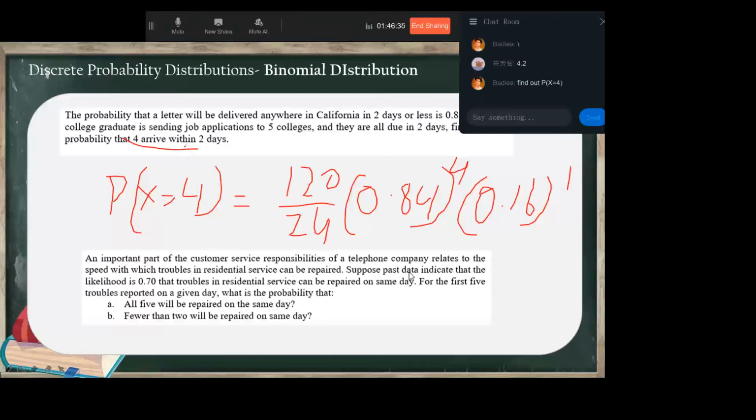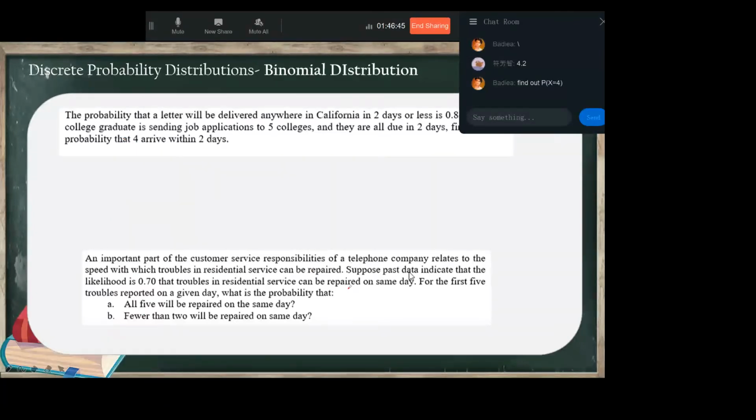Now let's take another example. An important part of the customer service responsibility of a telephone company relates to the speed with which troubles in residential service can be repaired. Suppose past data indicates that the likelihood is 0.70, so P is 0.70.